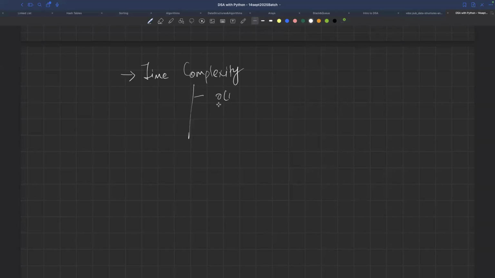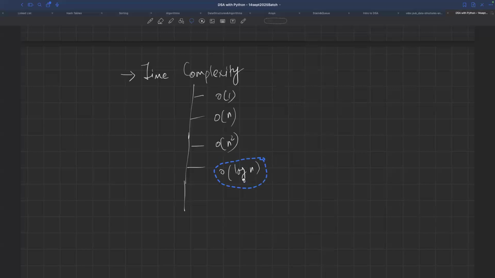are O of 1, and then we have O of n, and then we have O of n squared, and then we have O of log n, and then O of n log n.